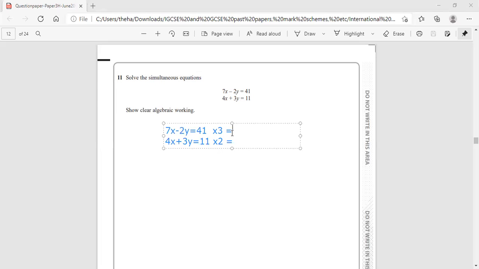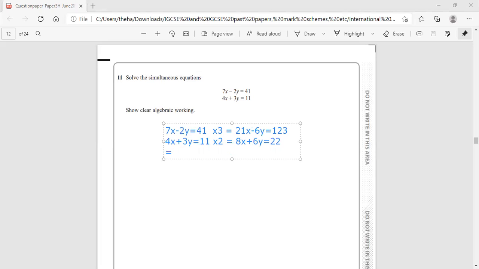Once we've done that, we'll have 21x minus 6y equals 123. And underneath that, we will have 8x plus 6y equals 22. The next step is really simple.